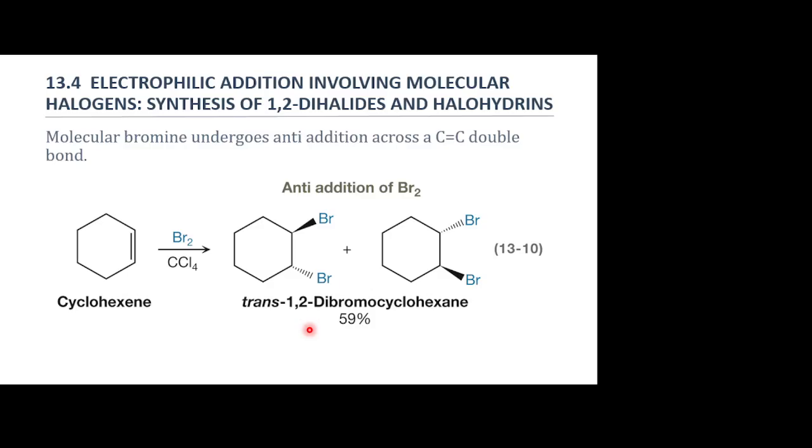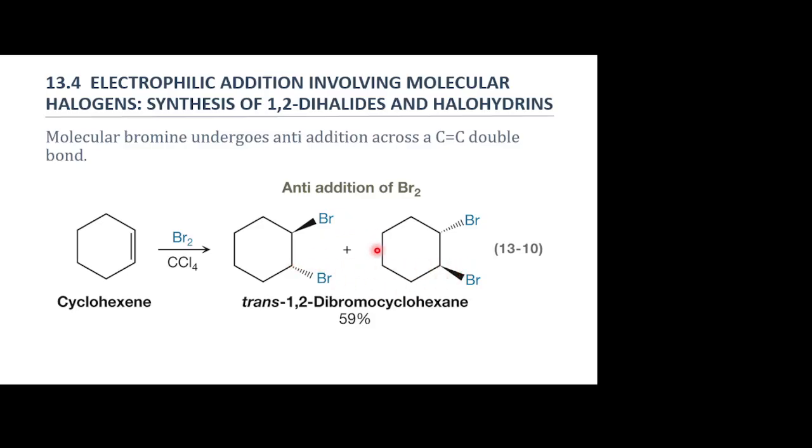Okay. So this right here is going to be molecular bromine, and this is going to give you an anti-addition across the C=C double bond. And so what we're going to see here is we're going to add one to one side, and then the other one's going to add to the other side. Okay. Now note, because you get the anti-addition, you're going to get our trans conformer.